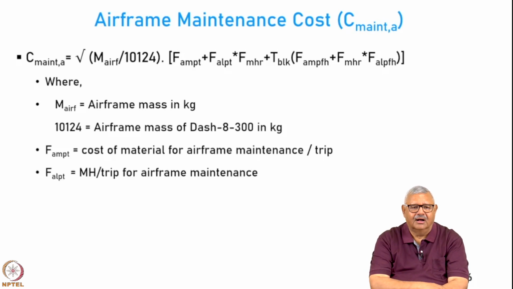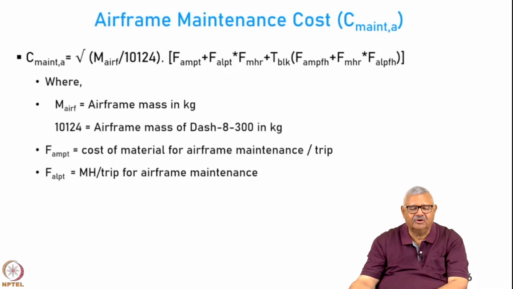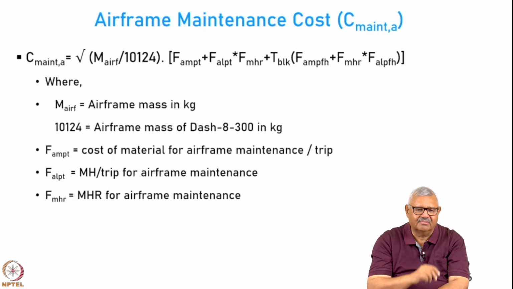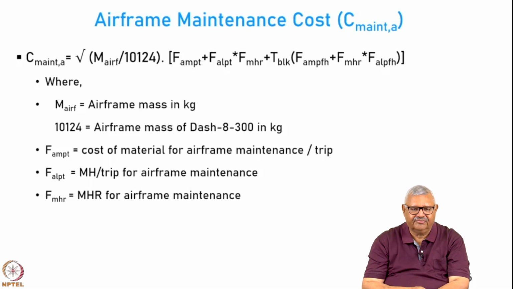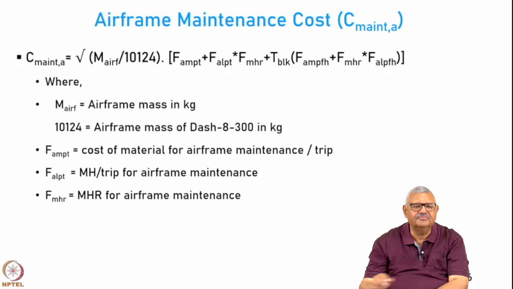Then to do this work, you require some time, some man hours. So, FALPT is airframe labor per trip, that is the man hours per trip required for doing airframe maintenance. FALPT will be multiplied by the man hour rate to get the cost of the labor, and FAMPT is the cost of the material. So, the per trip costs of material and labor are the first terms.